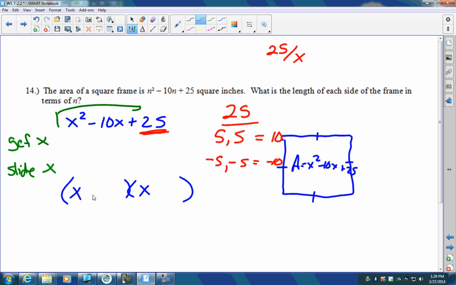All right, so I go in here. Negative 5, negative 5. I don't have to divide by anything because if you don't slide, you don't divide. If you don't have to slide, all you have to do is break it up. Hey, how can I write this instead of writing it x minus 5 times x minus 5? X minus 5 squared. That means the same thing. Okay? All right.